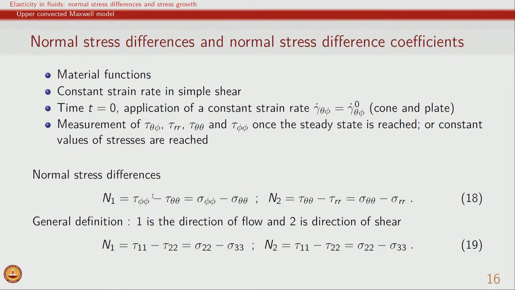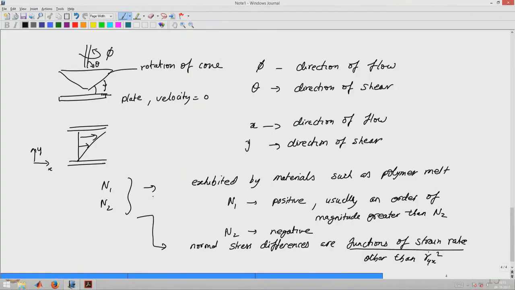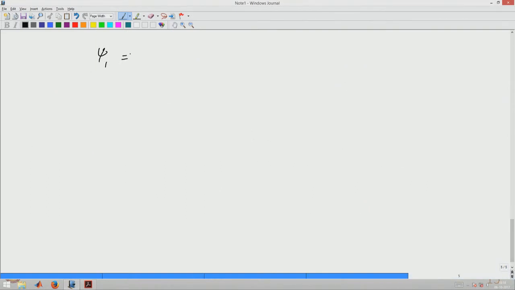So, in case of the upper convected Maxwell model, we can clearly see that psi 1, which is N1 divided by gamma dot yx squared, or gamma dot theta phi squared as we have been writing, will end up being 2 lambda eta gamma dot theta phi squared divided by gamma dot theta phi squared, and therefore, both of these terms cancel each other, and in the end we get psi 1, which is a constant value.